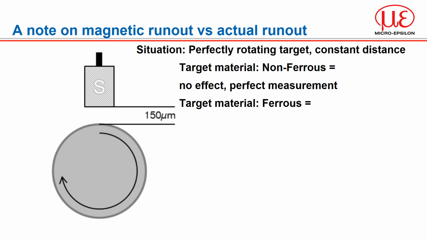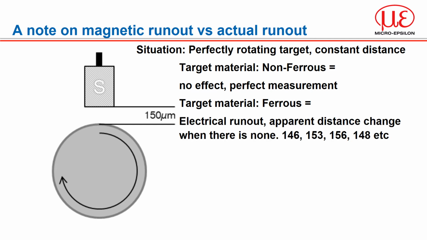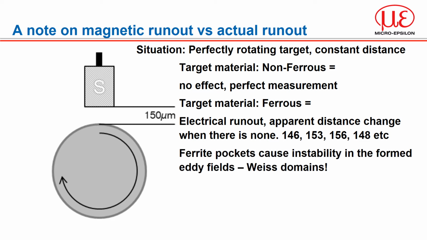These can have areas in the material with different magnetizations called Weiss domains. These in turn dampen the sensor's eddy current field differently. Even with constant distance between sensor and target, different distance values can occur as the target rotates. The domains can be reproduced but show unrealistic radial runout deviations within one revolution.